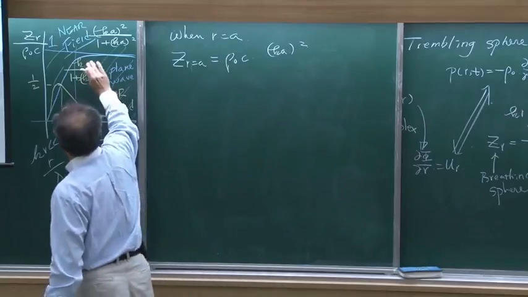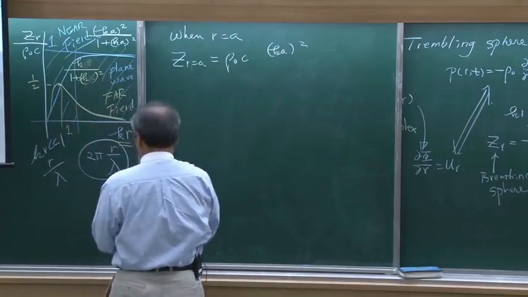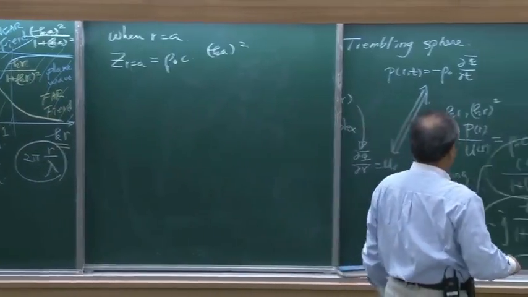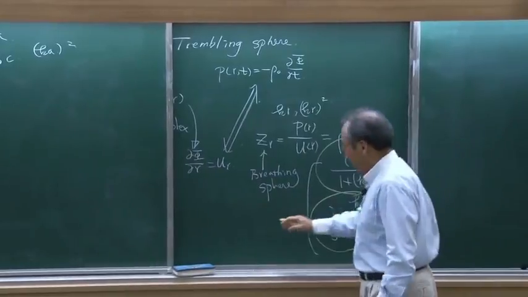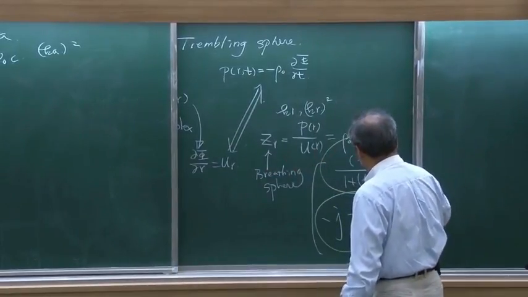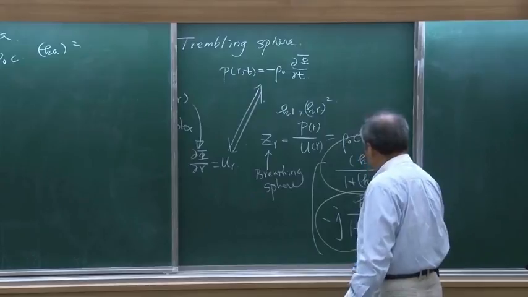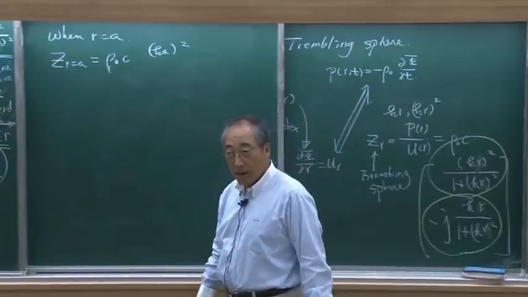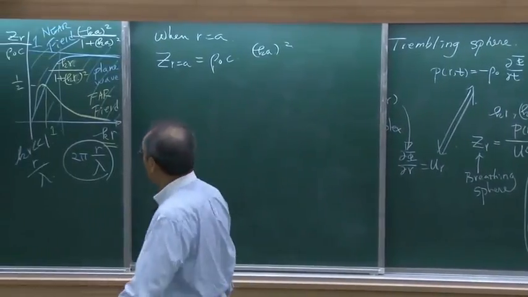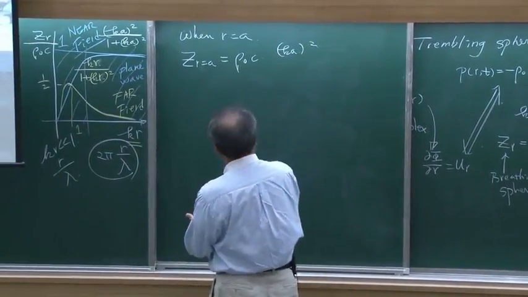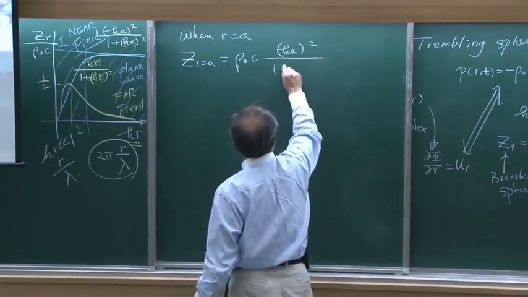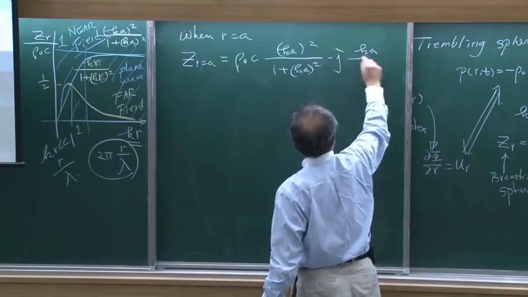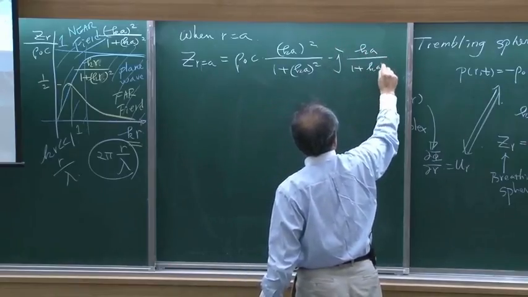Sorry, this should be Kr. Mistake. This is Kr and Kr. Sorry, I confused. Nobody picked up my mistake this time. Okay, that has to be Ka square divided by 1 plus Ka square, minus j Ka divided by 1 plus Ka square.